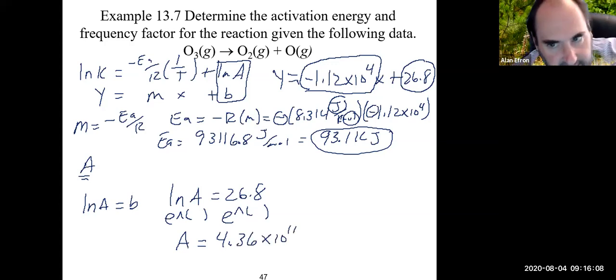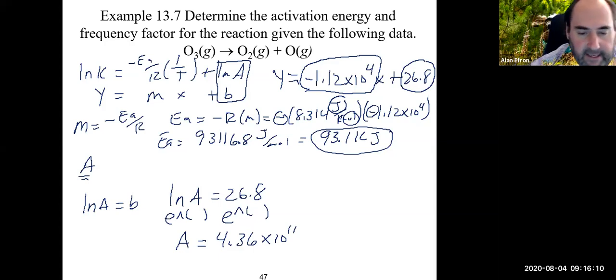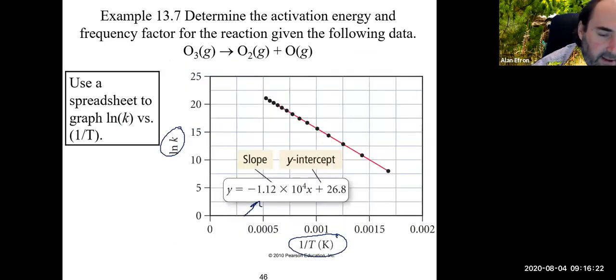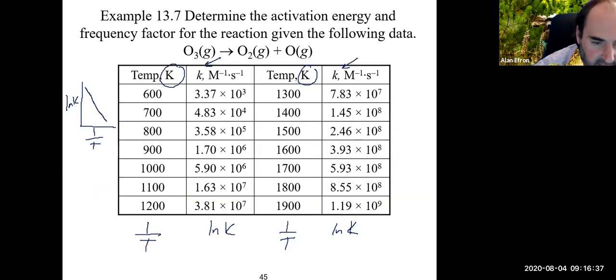Now, the units of this actually will become the same units associated with the rate constant. And I'll show you why that is in just a second here. So basically, the y-intercept means that we are talking about crossing the y-axis, which is the natural log of k. Now, when we take the e of that, we're basically taking it back to k. And if you go back to the units associated with k, those are where the units come from.